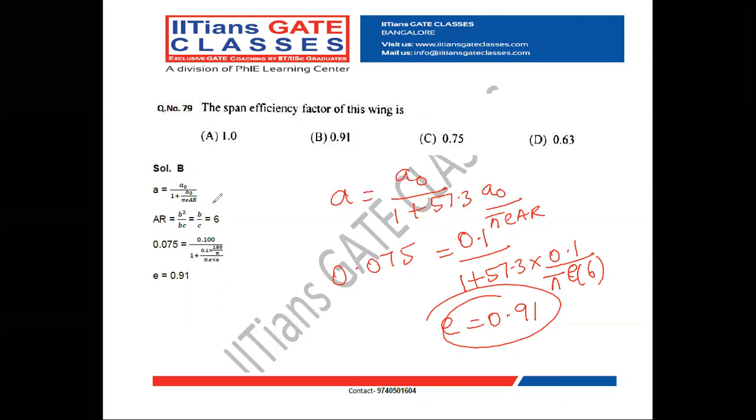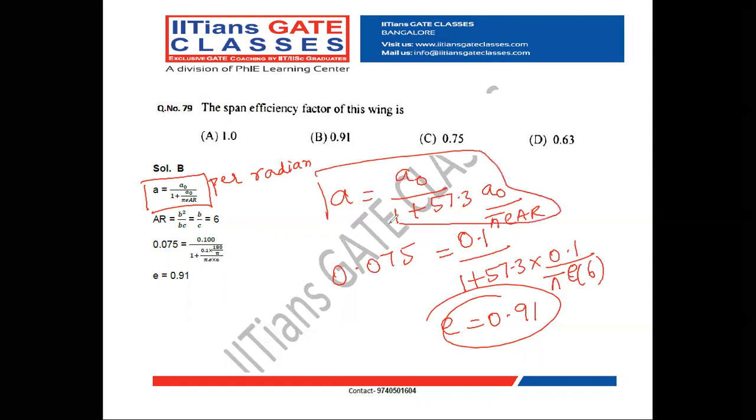If it is simply in per radian, then we can directly use this relation. Otherwise, here we have to divide it by 180 by pi, that is nothing but 57.3. That is, if it is in per radian, use this relation for the finite wing and infinite wing lift curve slope relation.